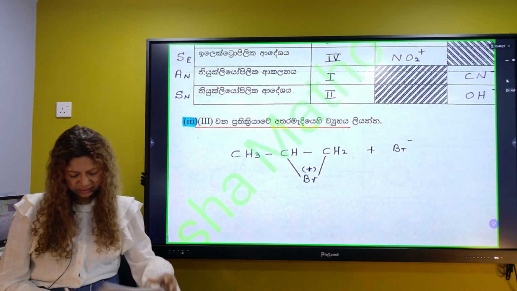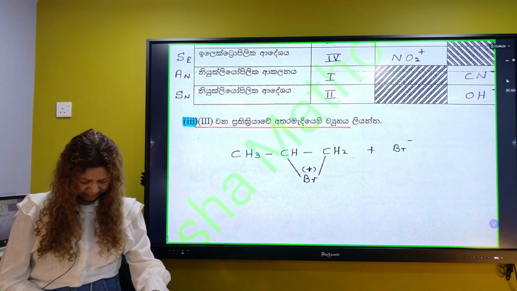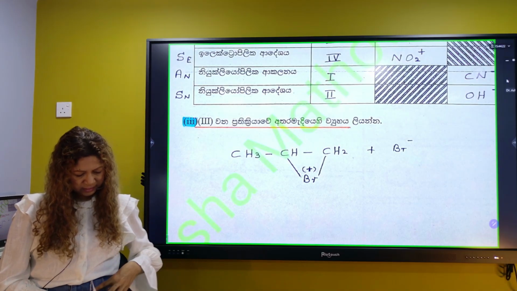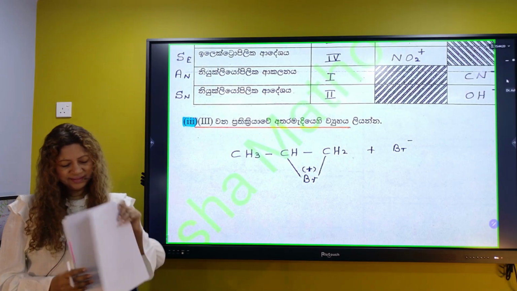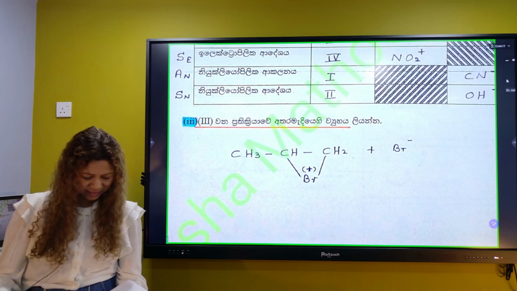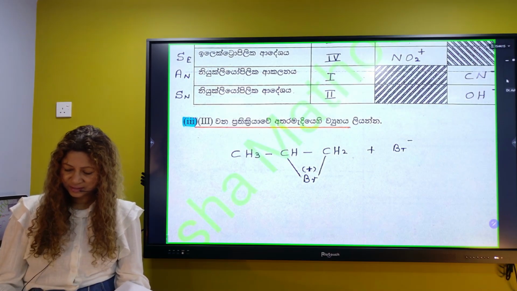Intermediate structure. These are easy. If you do this, very easy.